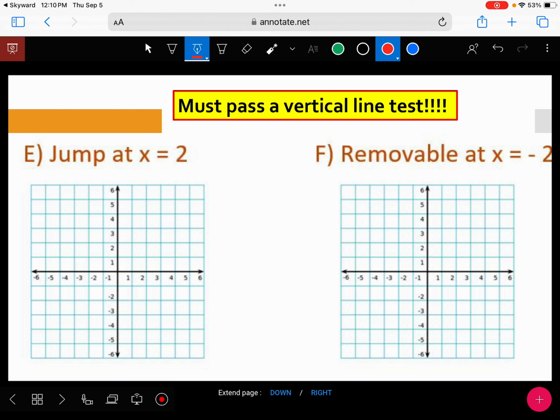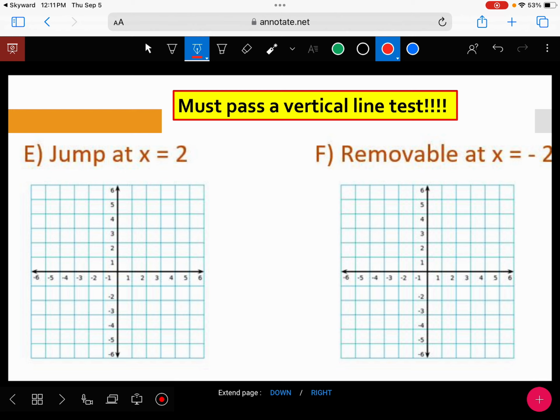Oh, I see it now. That's good. I can draw a vertical line. That's gonna fail my test. That looks good. That doesn't work. Vertical line, it needs to go to the, that fails the vertical line test. That looks good. All right.